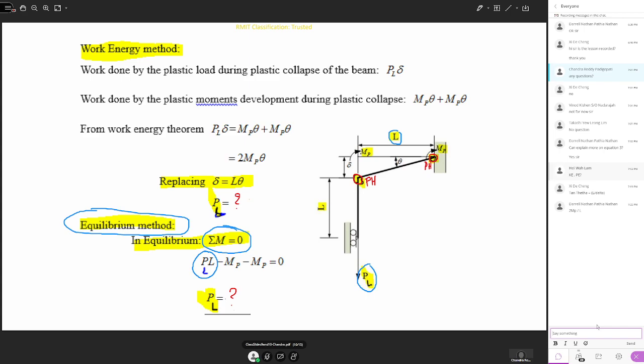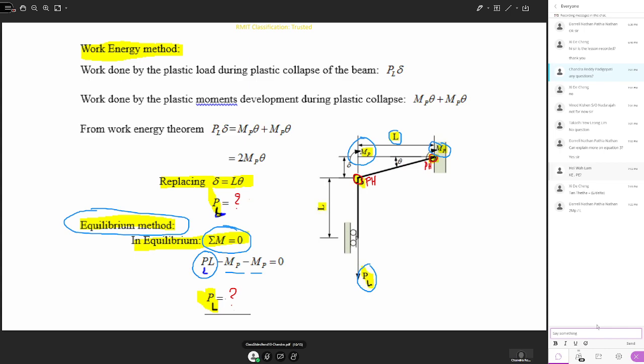Then what are the two moments acting on the system? One is the plastic moment at A and the other is the plastic moment at B. The sum of these moments is 0. When you consider the moment due to the load PL as positive, then the other two moments are negative. So you can write PL into L minus 2Mp is equal to 0.